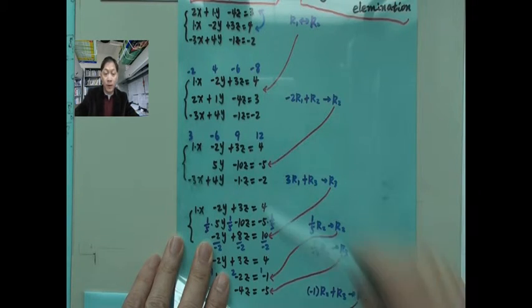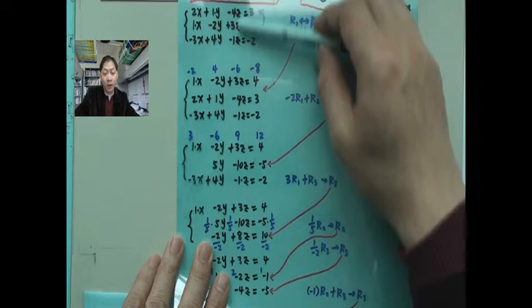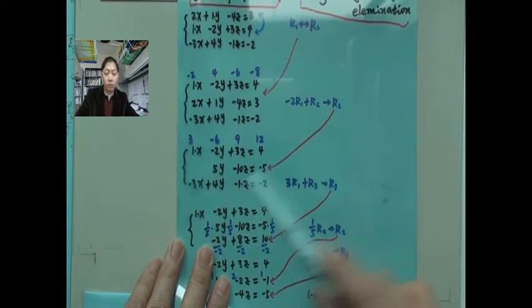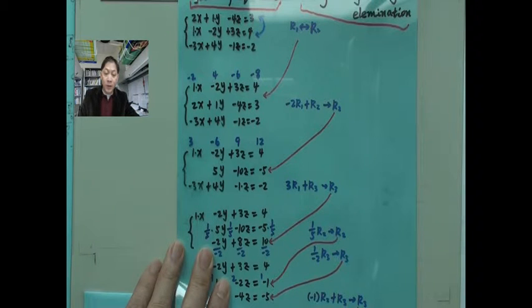Again, first column x, second column y, third column z. But if here is 0 times x, then we get an empty spot, or you may put 0. The reason I repeat is that I'm going to take this x, y, z away, including the equal sign.